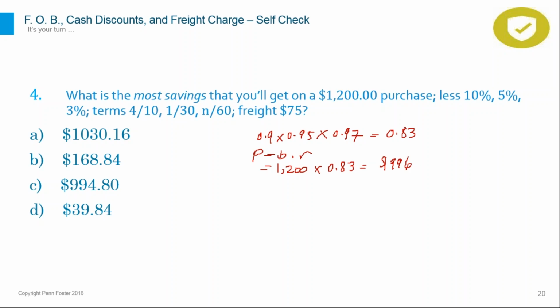We still have to apply the 4% because that is what's going to save her the most. So you can do 996 times the complement of the 4, which is 0.96.